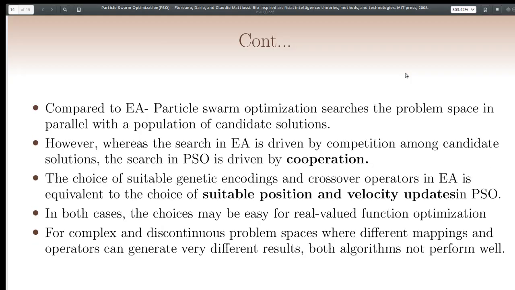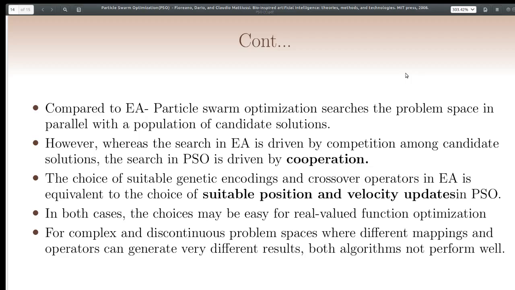This slide is a comparison of particle swarm optimization with the evolutionary algorithm. Both search the problem space in parallel with a population of candidate solutions. But in an evolutionary algorithm, it works like competition among the candidate solutions, whereas in particle swarm optimization, it is the cooperation of the agents involved.